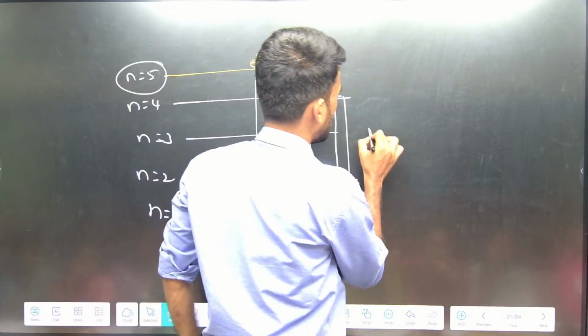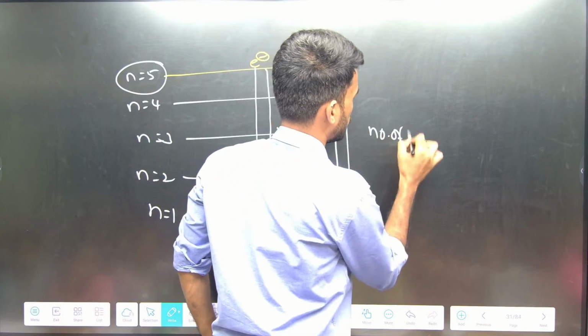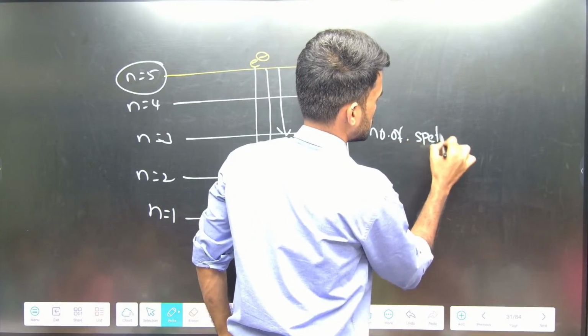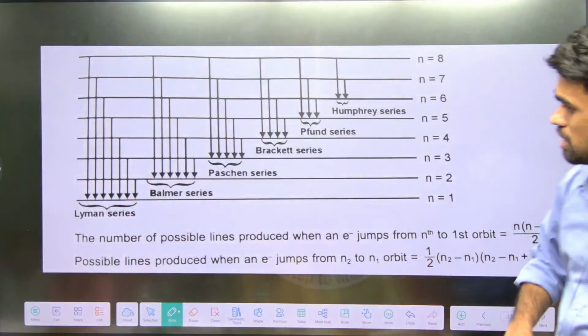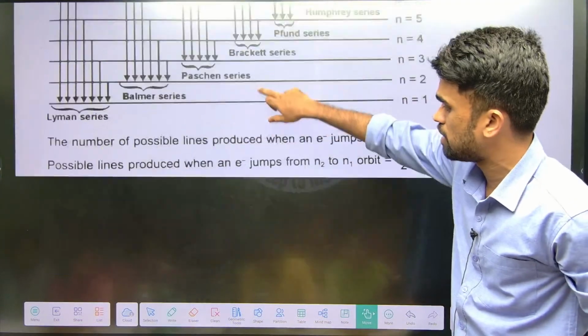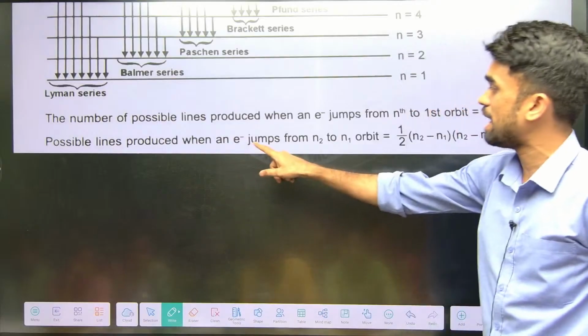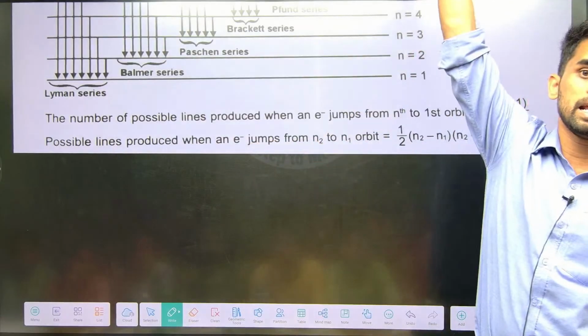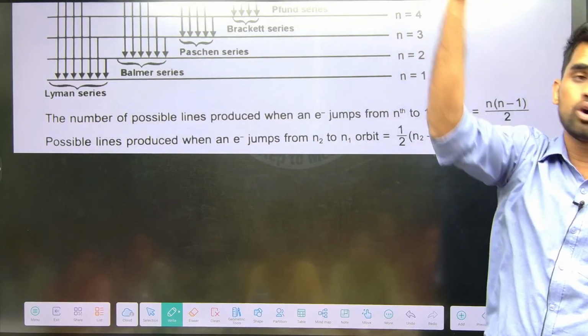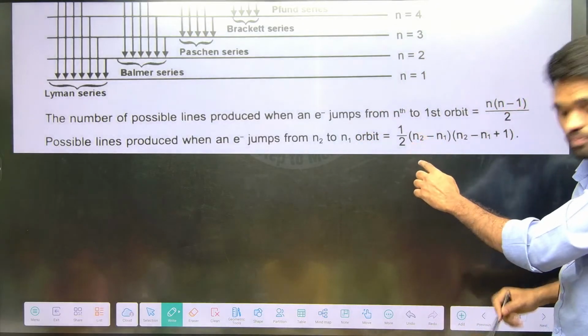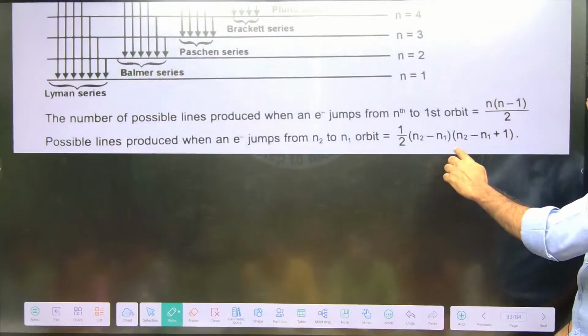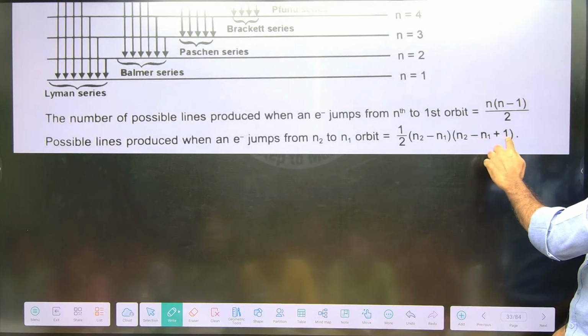The number of spectral lines possible when an electron jumps from a higher energy level n2 to a lower energy level n1 is equal to half into (n2 minus n1) into (n2 minus n1 plus 1).